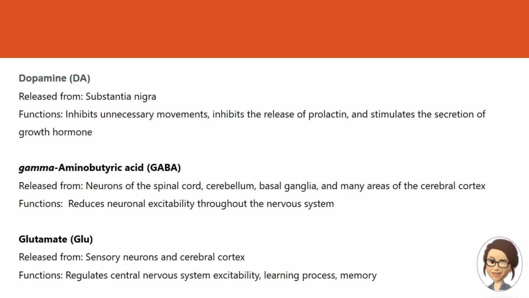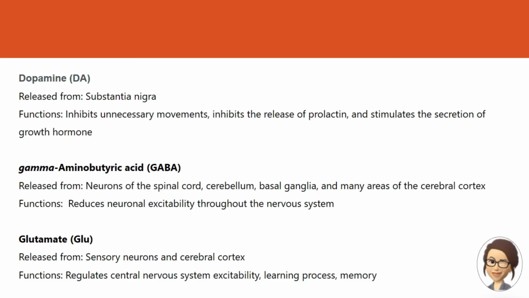Then we also have dopamine, which is released from the substantia nigra. It inhibits unnecessary movements, inhibits the release of prolactin, and stimulates the secretion of the growth hormone.